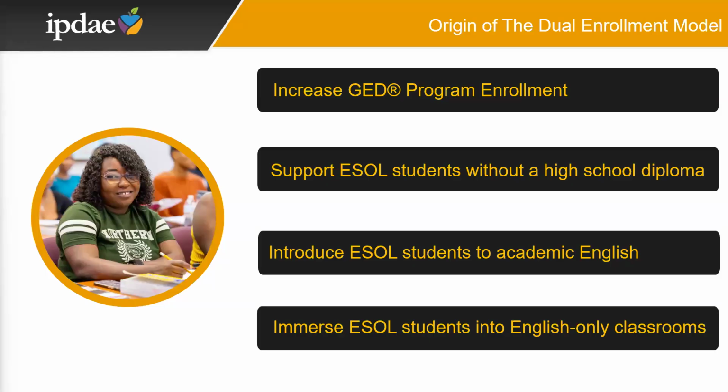Third, by exposing our ESOL students to academic level English, we prepared them for the rigors of the GED test or any education beyond what the ESOL classes could offer as far as career pathways.